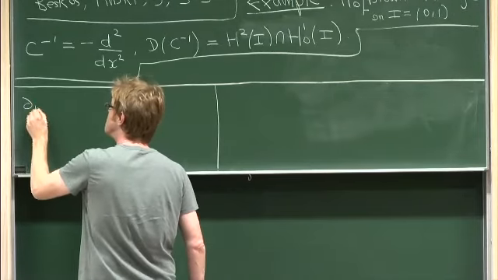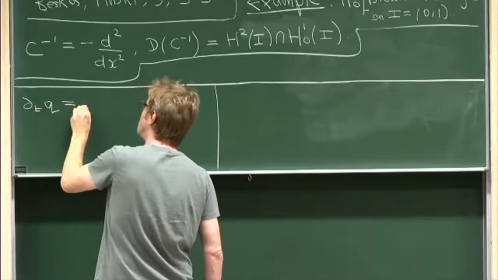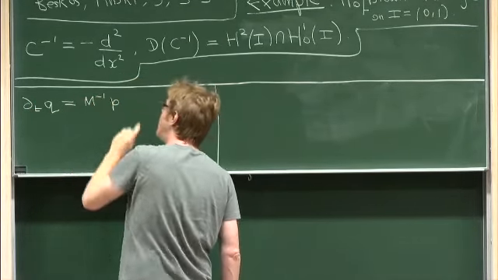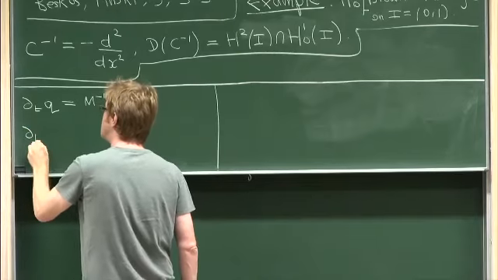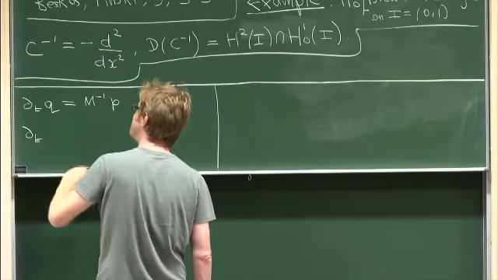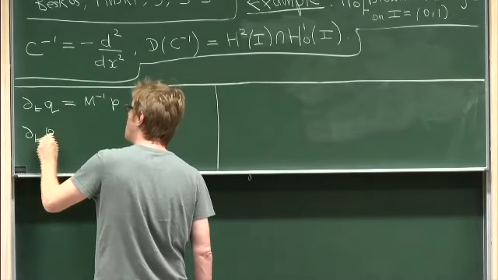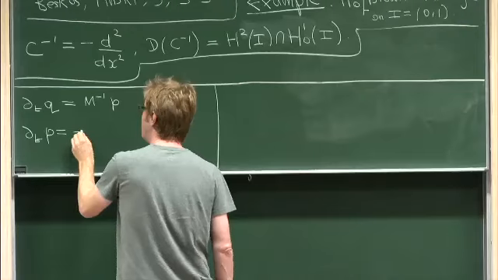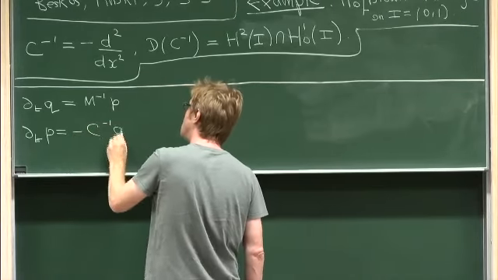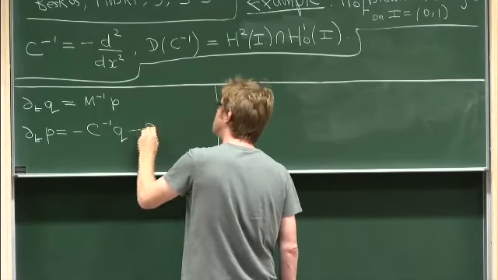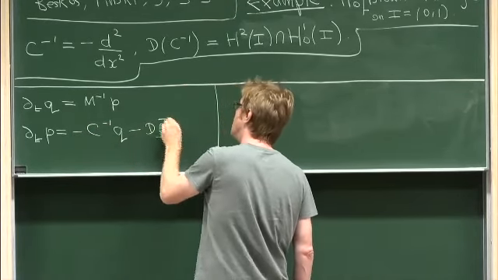I have dtq is m inverse P, and dtp is minus C inverse Q minus the derivative phi of Q.